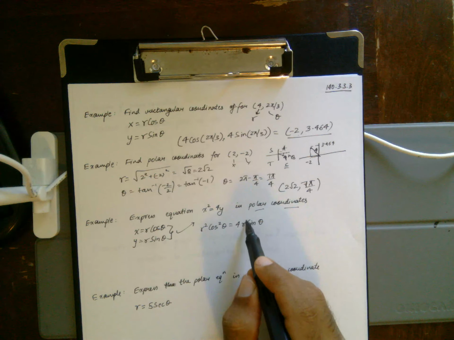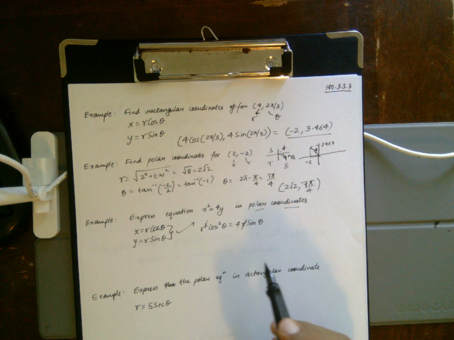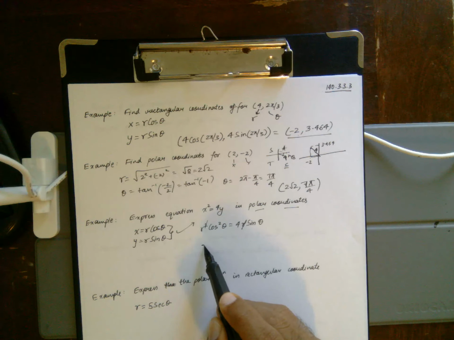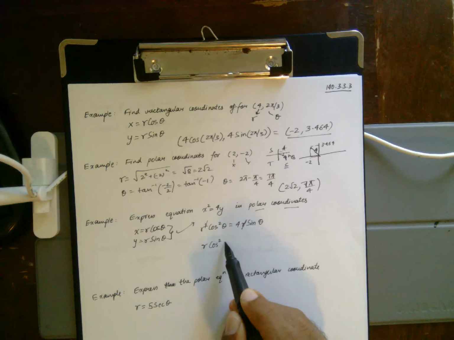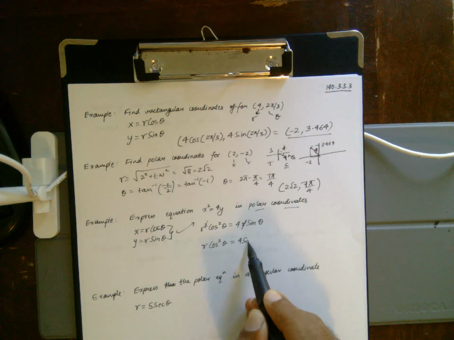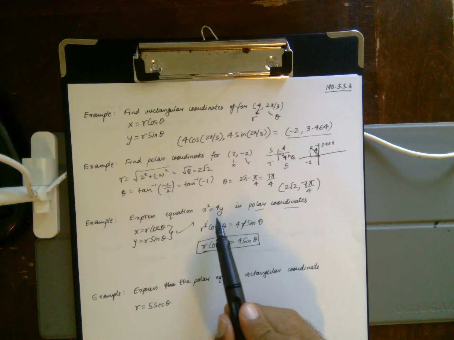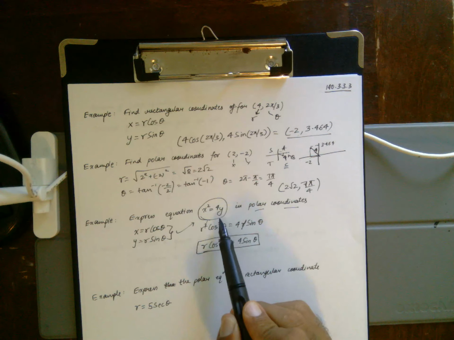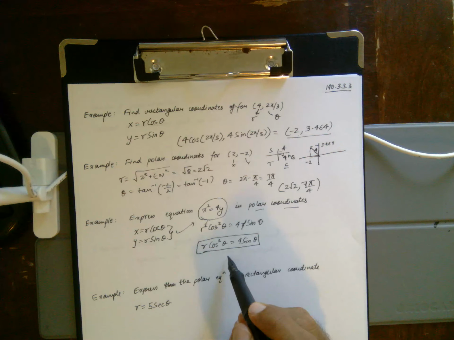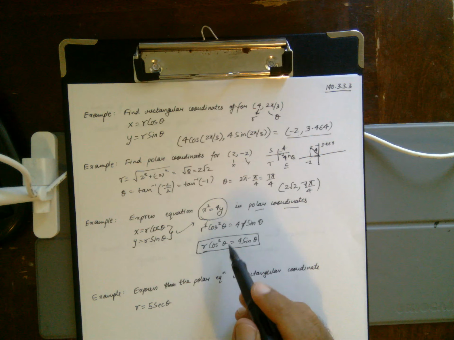Now you can factor out one of the r's, cancel it. So the equation is r cosine squared theta equals 4 sine theta. What this means is, if you were to plot this in the rectangular coordinate system, that's a parabola. And if you plot this in the polar system, it should give you the same result, and it will.